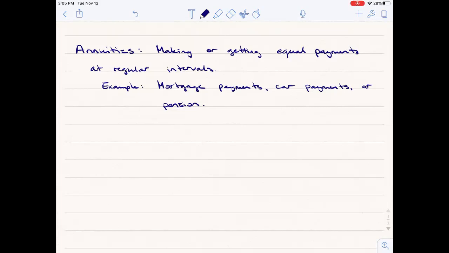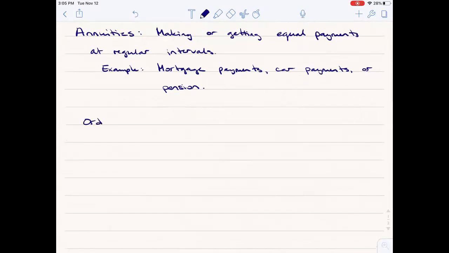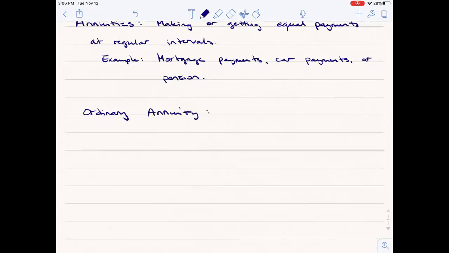And so what we said was, okay, so we can have ordinary annuities or annuities due. And so an ordinary annuity, I'll clean this up a bit.